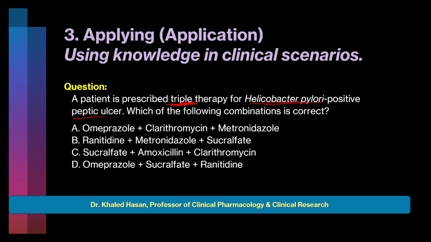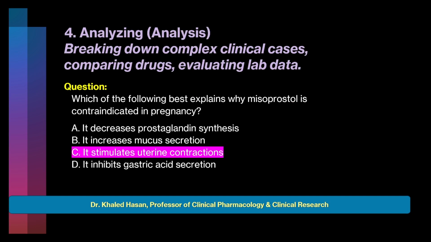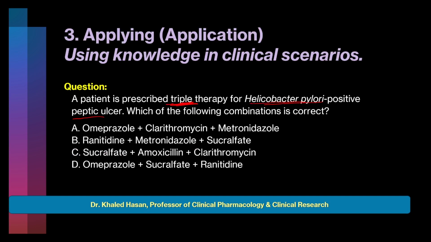So the correct answer will be omeprazole, clarithromycin, metronidazole. This is a triple therapy here. Again, the triple therapy is used to eradicate Helicobacter pylori and accelerate healing of the ulcer: omeprazole, a PPI, plus clarithromycin and metronidazole.